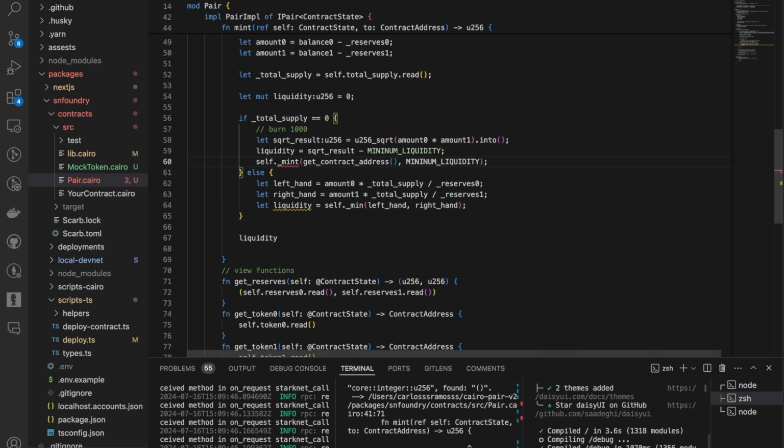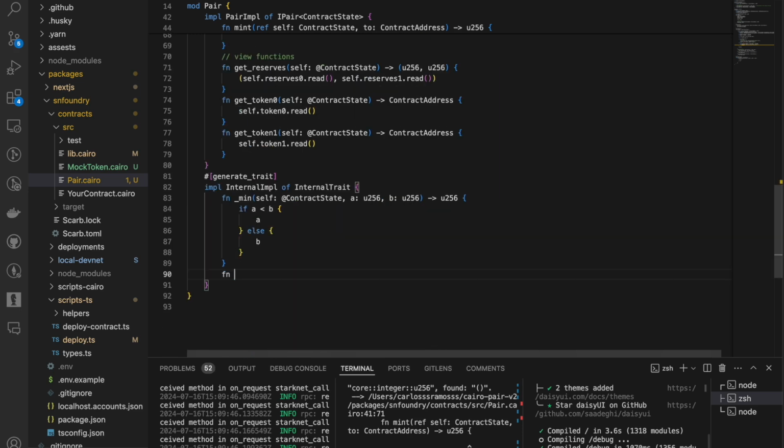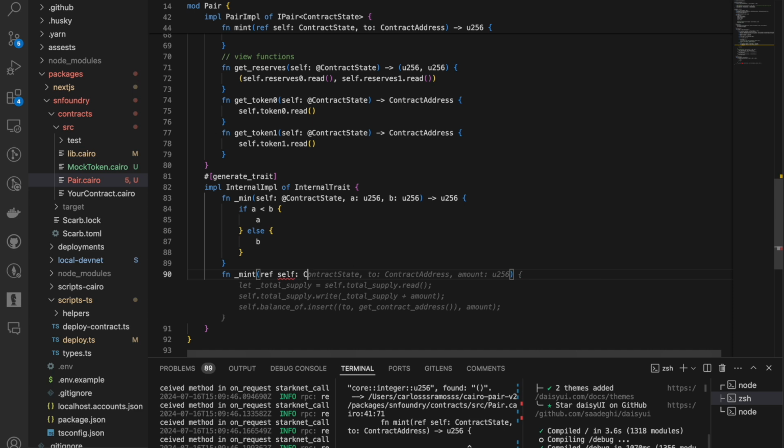Right? So we need to be doing this to the address 0. All right, now we need a function that represents the mint. This is going to be the internal mint of the ERC20 that represents the shares of this pool.